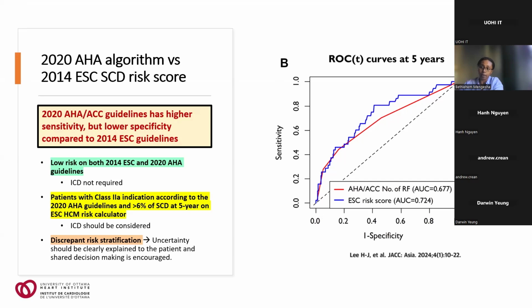The enhanced American algorithm, on the other hand, demonstrated high sensitivity in identifying high-risk patients, but its ability to identify low-risk patients is not high, potentially leading to an excessive device implantation rate. So in practice, we see that most experts adopt both the European and the American risk stratification approach in primary prevention.